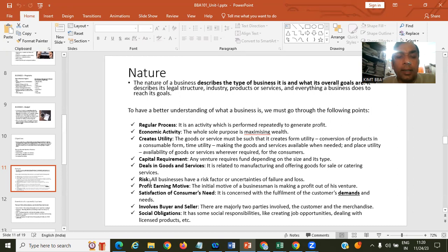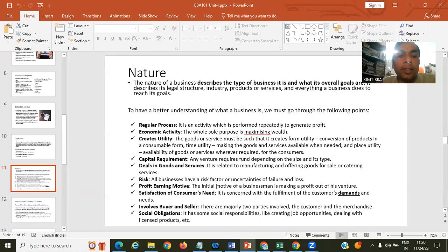Risk factor. Risk is there, risk of loss, risk of failure. So there are risks in all areas. Business has a lot of risk. You don't know when your business is going to click, when your customer is coming to your shop, maybe morning, evening, tomorrow, day after.